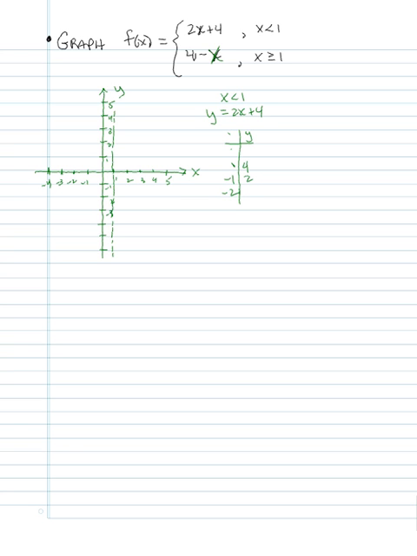And if I use an x value of negative 2, then my y value will be 0. So when I start plotting these points, 0, 4, okay, negative 1, 2, negative 2, 0, we get the idea that we have part of a line.